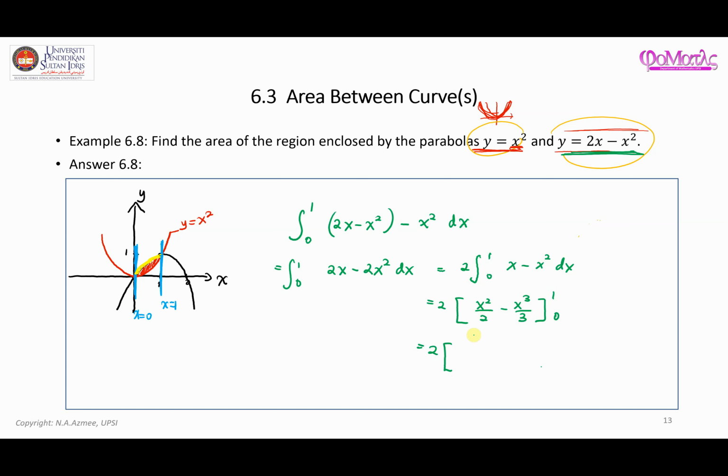Substitute 1 into this, you will get 1 over 2 minus 1 over 3, minus the result of substituting 0, which is 0. For this one you can find the common denominator, which is 6. 6 over 2 is 3, minus 6 over 3 is 2. So the answer here is going to be 2 times 1 over 6, which is equal to 1 over 3.